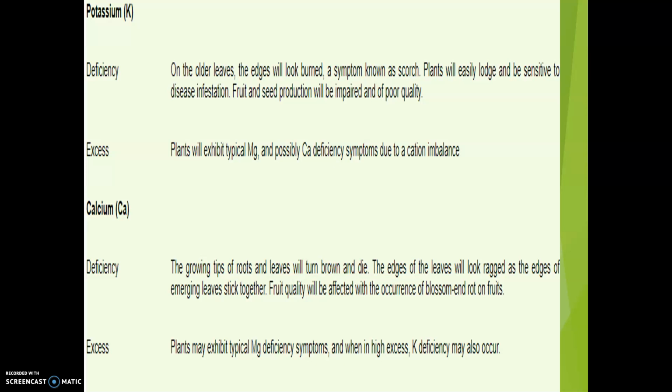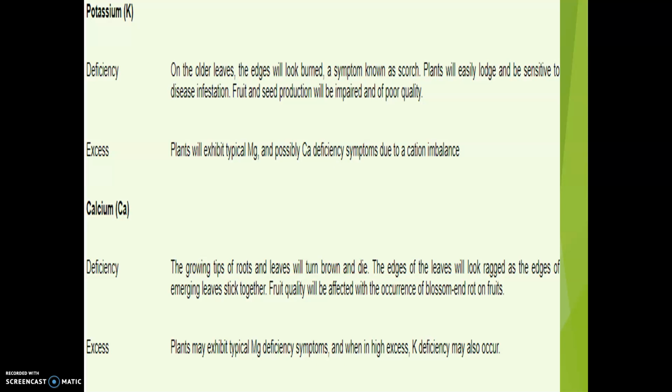And its deficiency can be seen in older leaves. That is, the edges will look burnt, that is a scorched appearance of the leaves. The scorched appearance of the older leaves is a deficiency symptom for potassium. And also the plants will easily lodge and be sensitive to disease infestation.